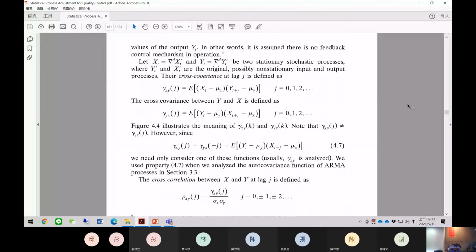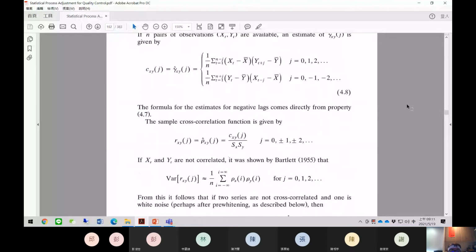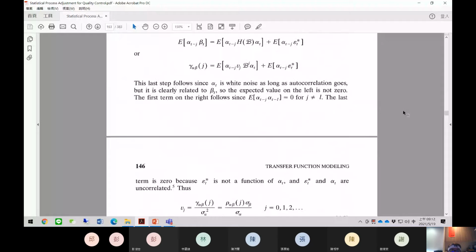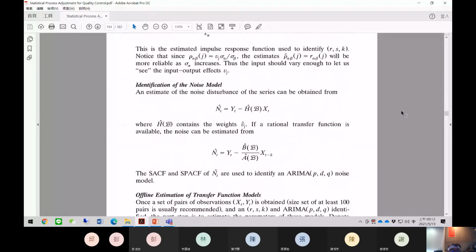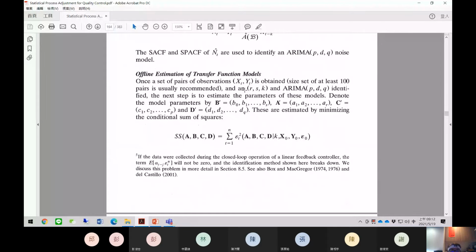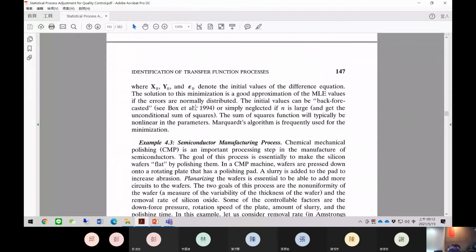So we just finished the cross-correlation and pre-whitening last time, Monday. Identification, then we have mentioned the offline estimation of the transfer function model.